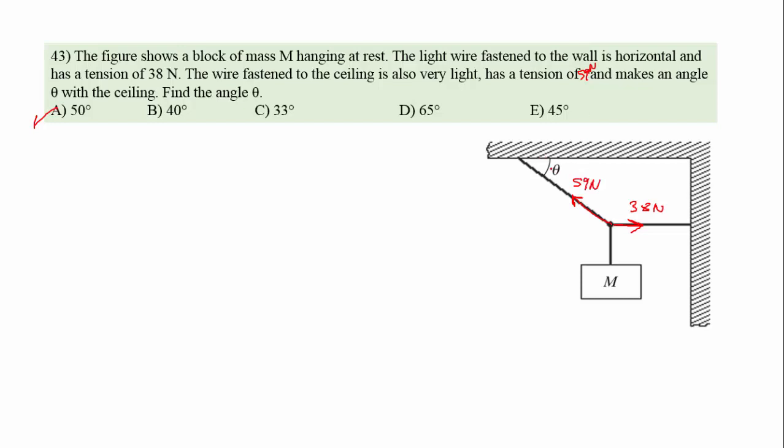Now the angle with the ceiling is theta, which should be the same as this angle here, and the question is, what is this angle? Okay, and we have of course downward here the weight of the object. Of course the tension is the same as the weight.